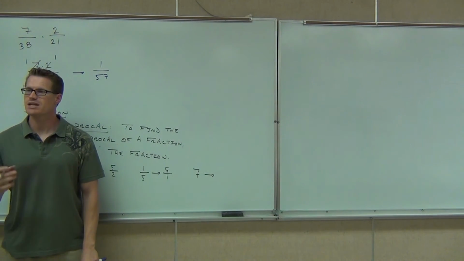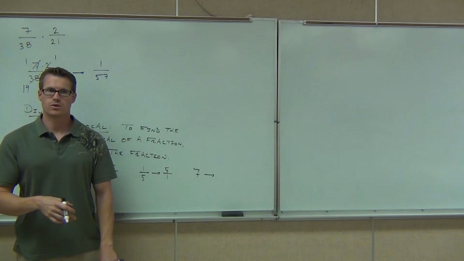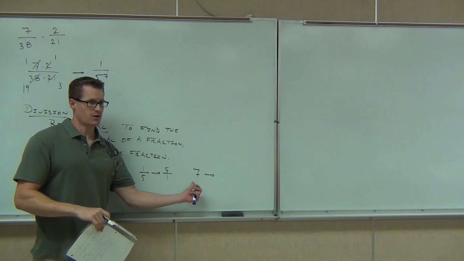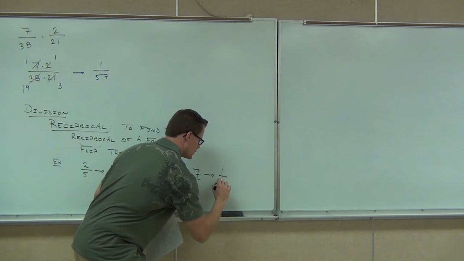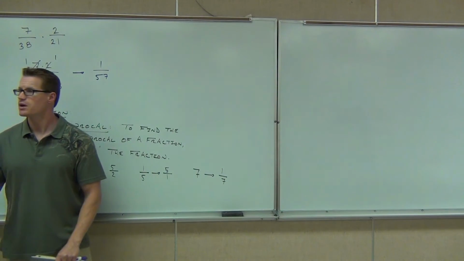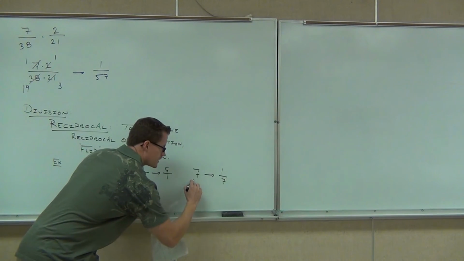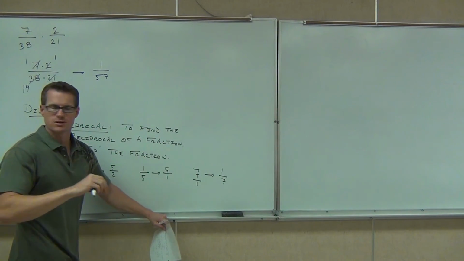For instance, if I have 7, can I find the reciprocal of 7? 1 over 7. Well, this is like 7 over 1, right? 1 over 7. Good. So the reciprocal of 7 is 1/7. You can say that you've written this as 7 over 1, change it into a fraction, then you reciprocate that fraction, you get 1 over 7.